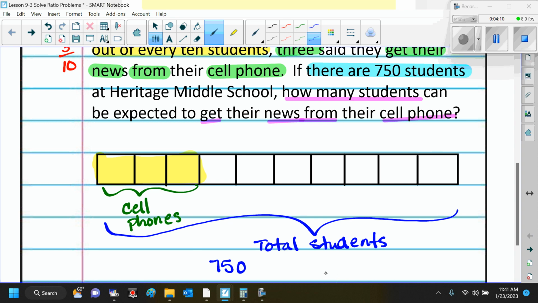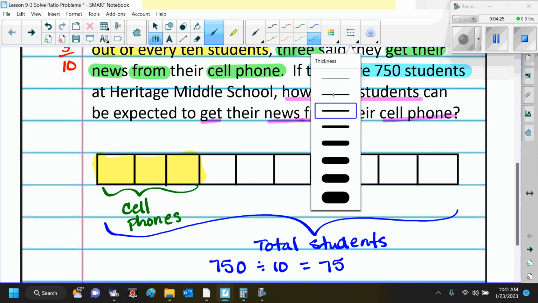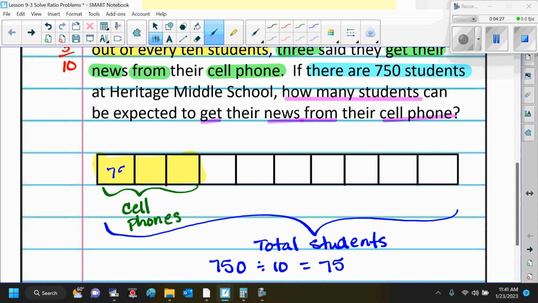We do 750 divided by 10. Very good. And that's going to give us 75. Is everybody clear? So in each one of those boxes, we have 75, 75, 75, and so forth. Go ahead and write the 75 in all of the boxes.